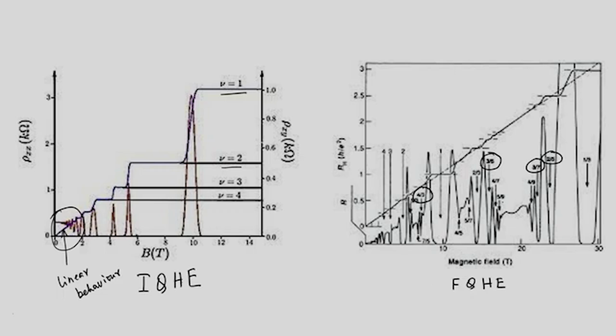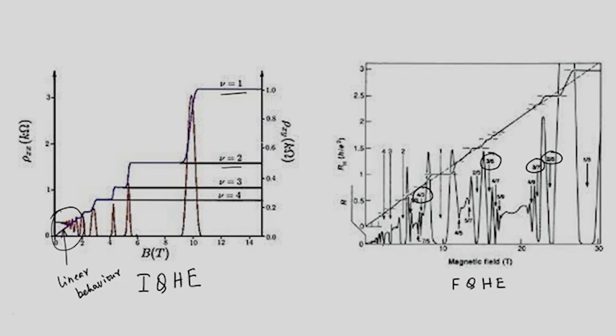So, these are plateaus being seen at fractional values, and that is why it is known as FQHE, or the fractional quantum Hall effect. And this forms the discussion for us for the next few lectures before we wind up the course.